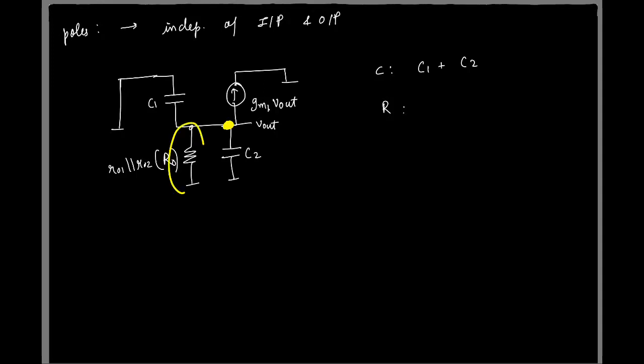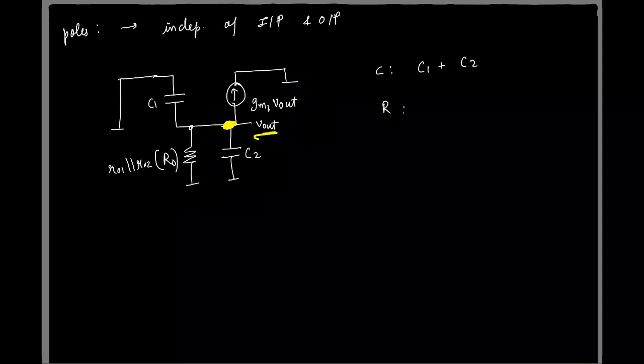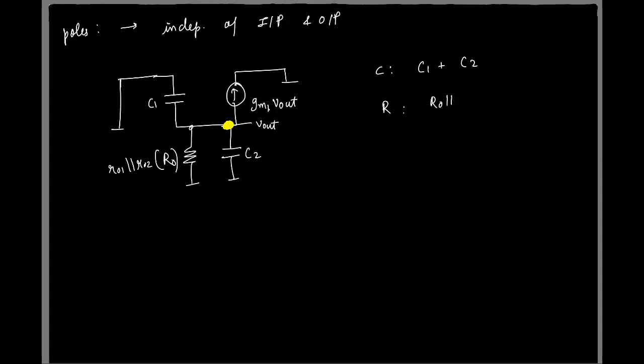You have this guy R0. And if you look at this fellow, the voltage is Vout. It takes in a current of GM1 Vout. So this is basically 1 by GM. So this is R0 parallel 1 by GM1, or in terms of the conductance, it's basically G0 plus GM1. Okay, and that's why the pole location we got was this GM1 plus G0 over C1 plus C2.